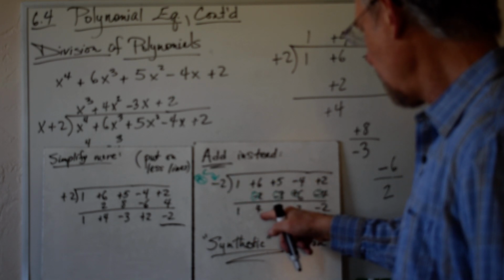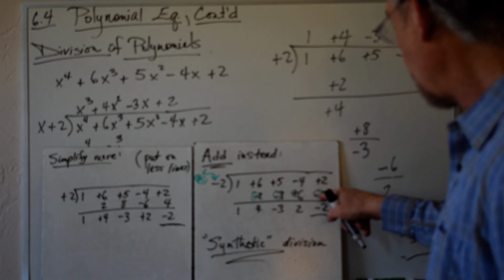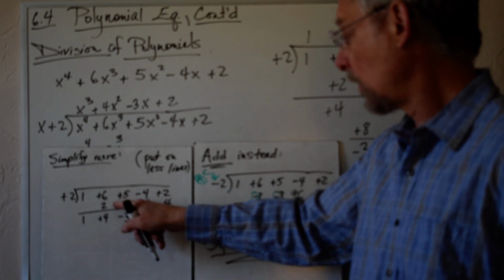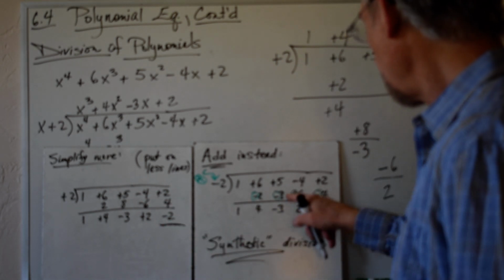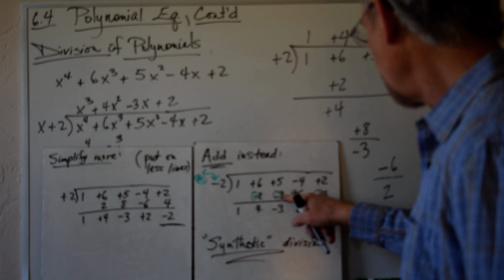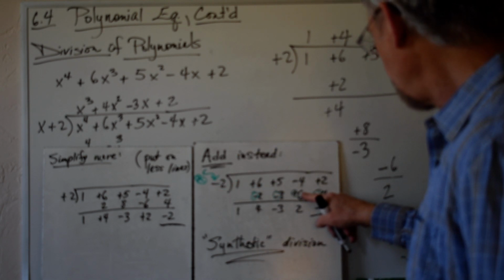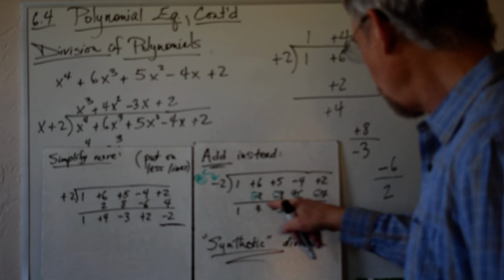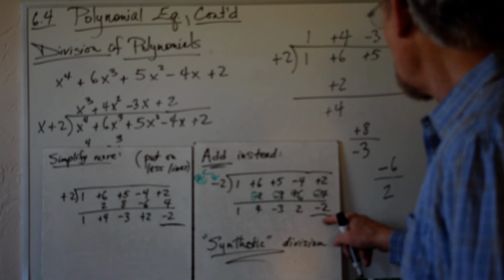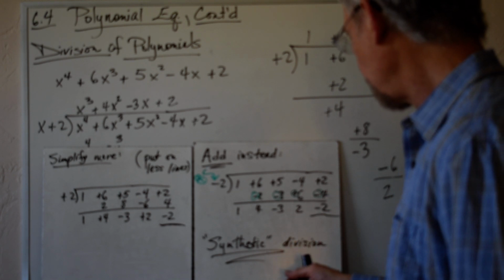I add. Notice the sign change from what happened here, right? All these signs I circled in green because they're all reversed from what we just did. Add 4, 4 times -2 is -8. Add, I get the -3 times the -2 gives me +6. Add 2 times -2, -4. Okay, I did all the same computations.